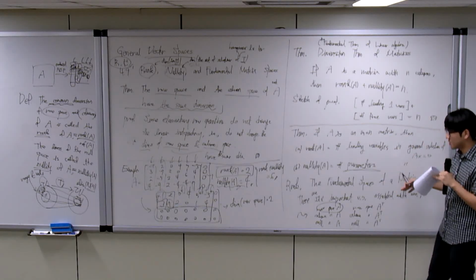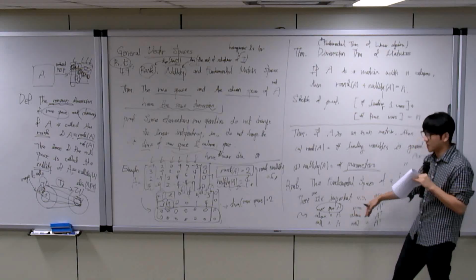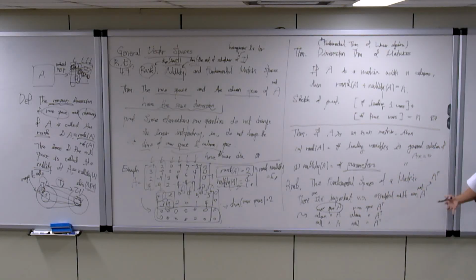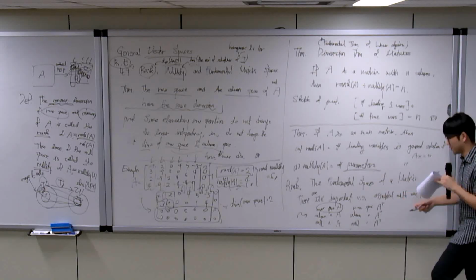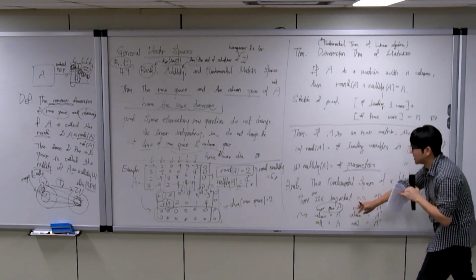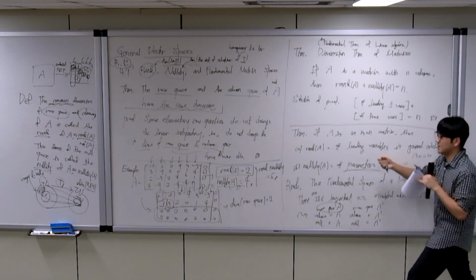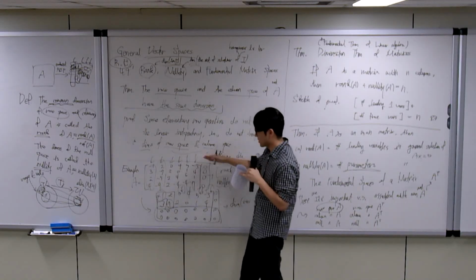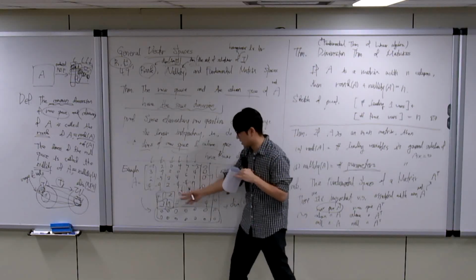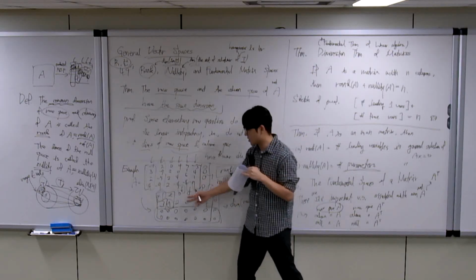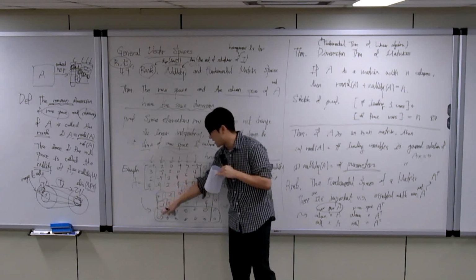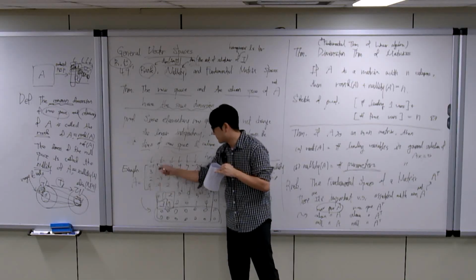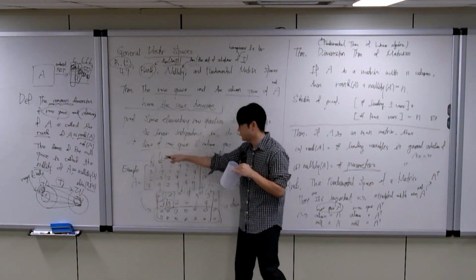As you can see, we already calculated the dimensions. The dimension of the row space and column space is the same, but actually the vector spaces are not the same. They are isomorphic. In this example, the row space is spanned by these 2 rows, but the column space is spanned by the first column and second column.